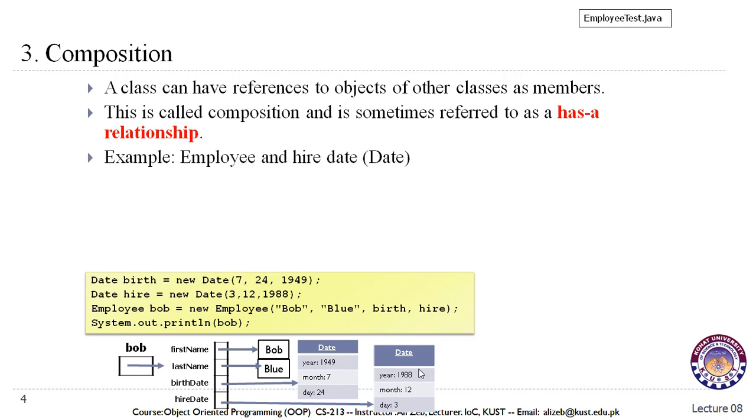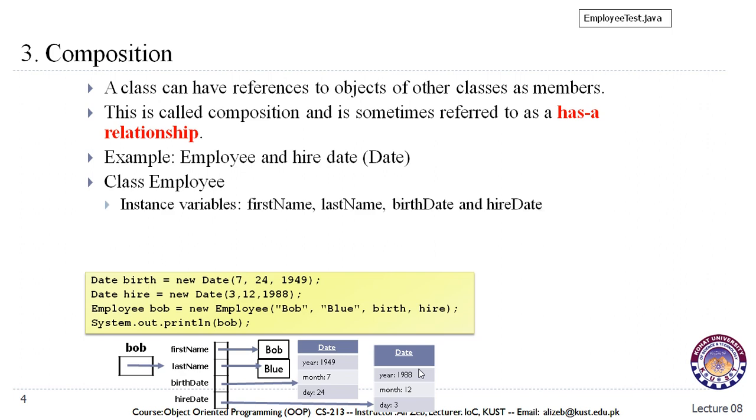Alternatively, what we can do is, once we have created the date class and we have performed all the validations once, we do not need to recreate it each time we create an object for the employee. We can simply use the date class as a data type in the employee class.